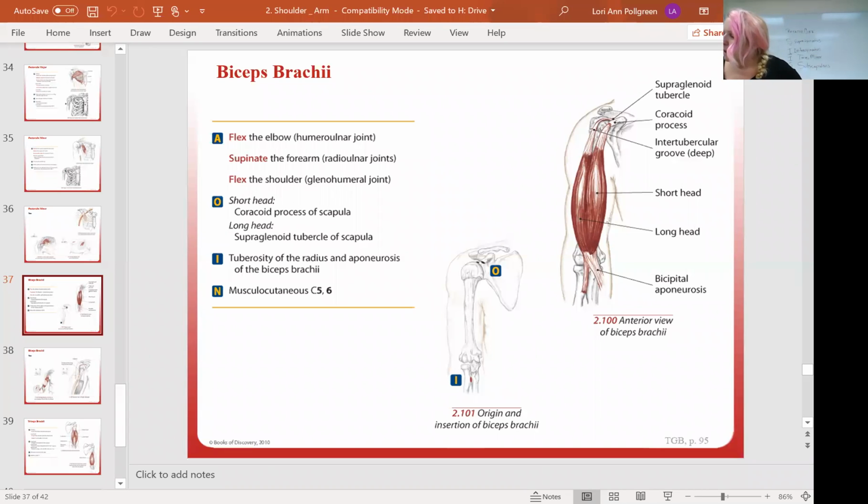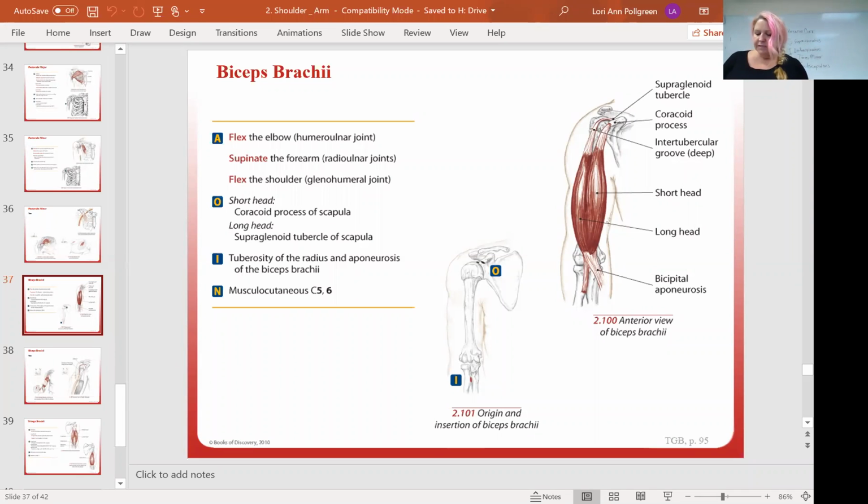And on the diagram itself, you'll see at the bottom where it says bicipital aponeurosis. I want you to highlight that. And I want you to write next to it, extends off distal tendon of biceps brachii. The bicipital aponeurosis extends off the distal tendon of the biceps brachii. That's important to know. Put a little asterisk next to it.